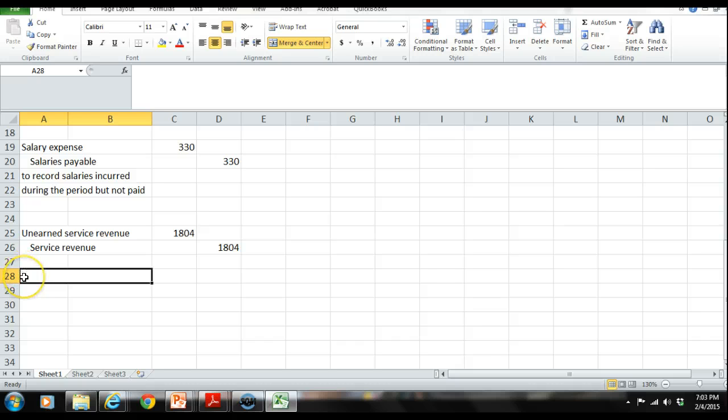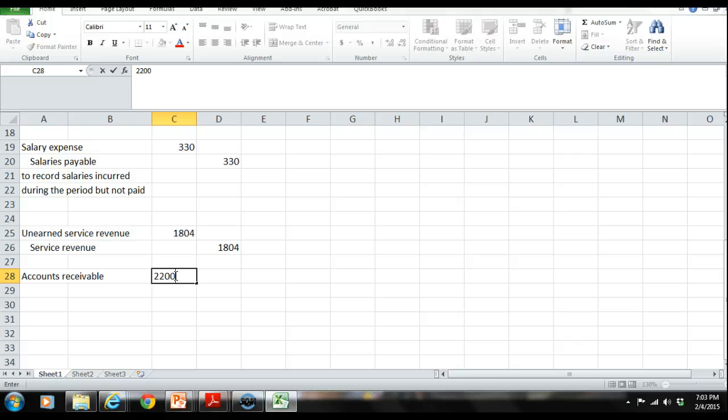The unrecorded revenue would be accounts receivable because we're going to get that money. It was $2,200. And we are going to credit service revenue of $2,200 to record revenues earned but not yet billed.